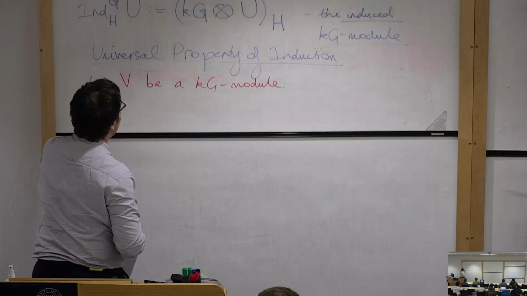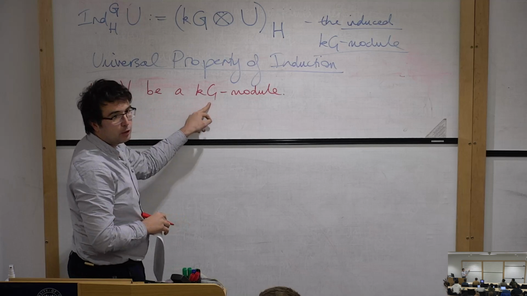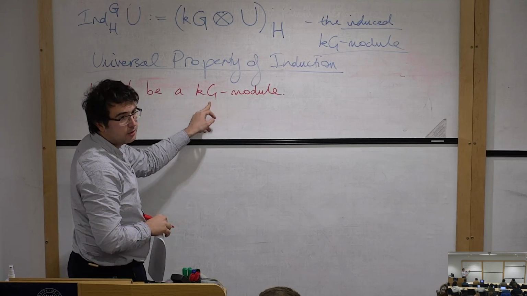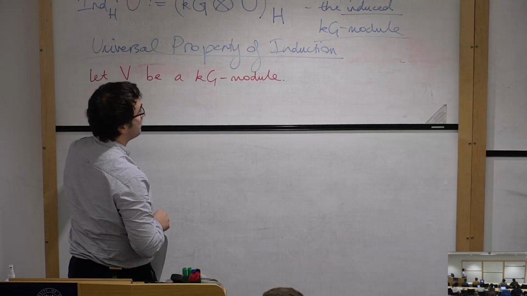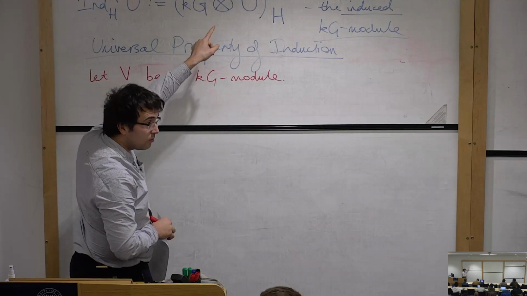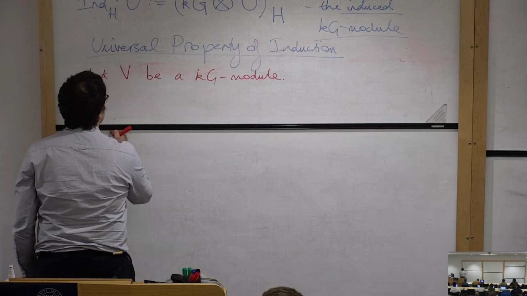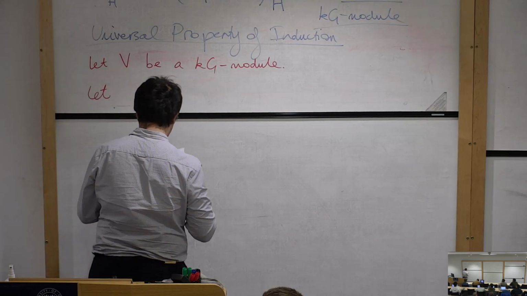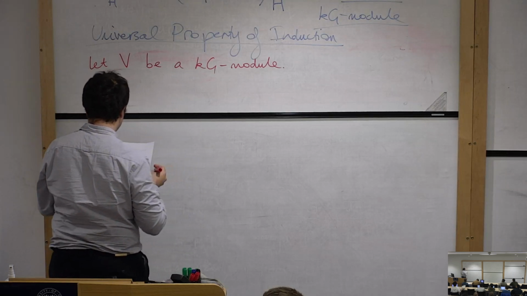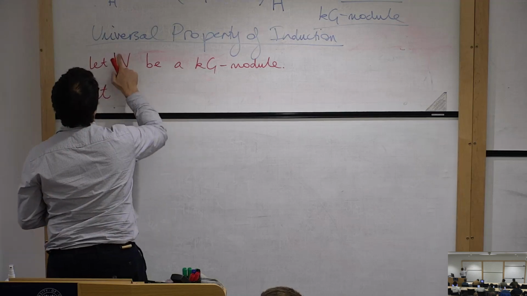One thing you can do with it is you can just forget the action of most of the group, remembering only the action of H. You can restrict it to H, and then you can consider homs from that restriction into U, the source of the representation. For the purpose of consistency with the notes, it's called a W, sorry.